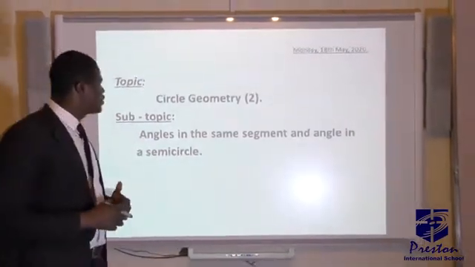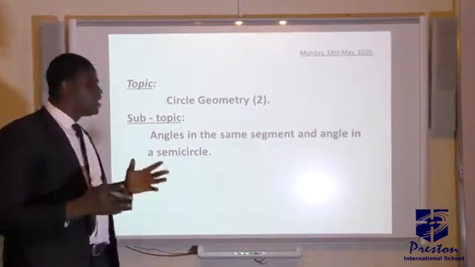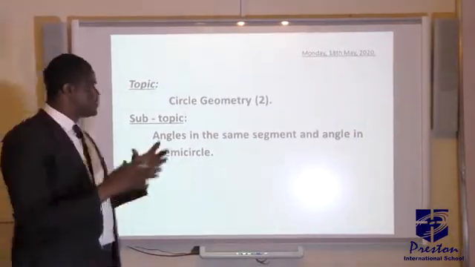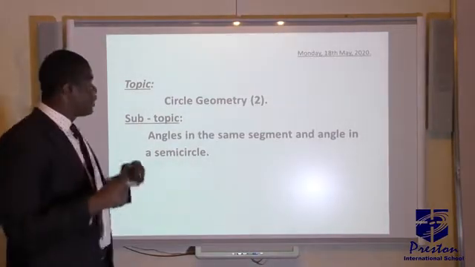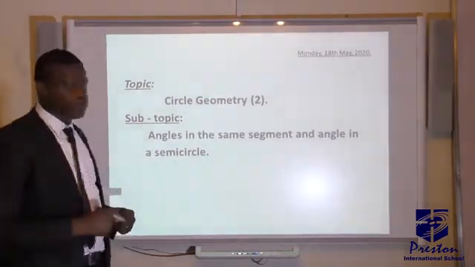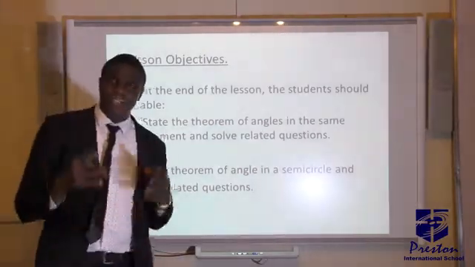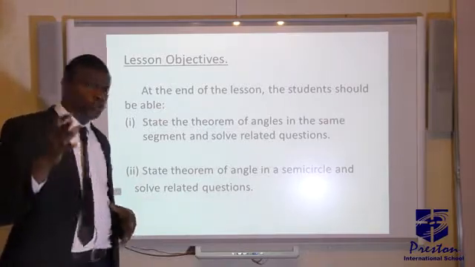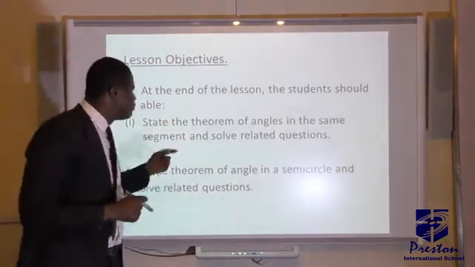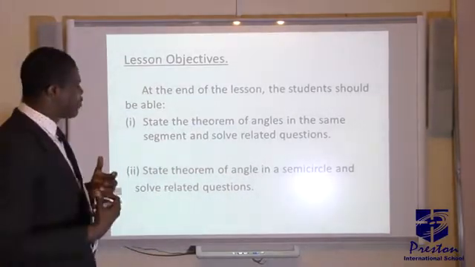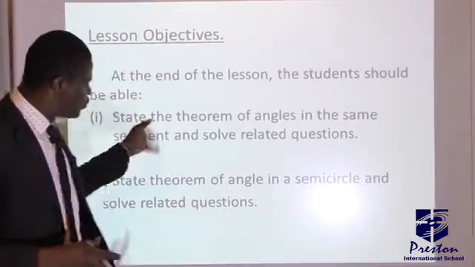So today's topic is circle geometry 2. We will be looking into angles in the same segment and angle in a semicircle. The objective for this lesson is that by the end of today's lesson, you should be able to state the theorem of angles in the same segment, and solve some questions related to the theorem.